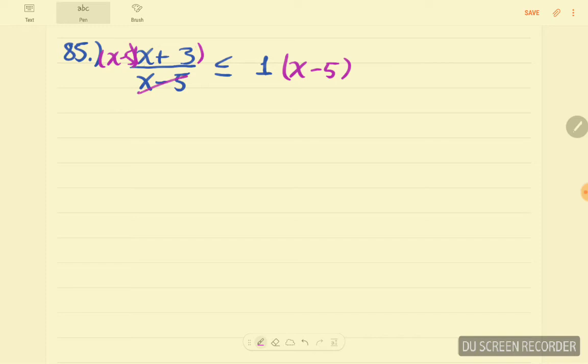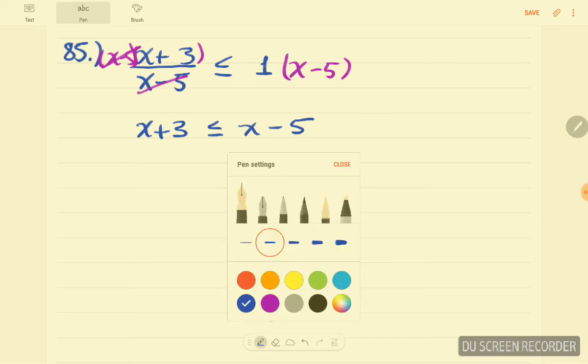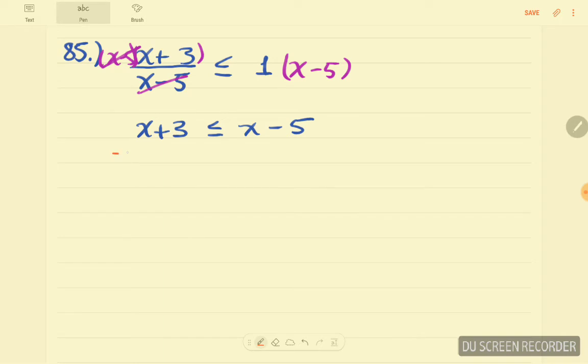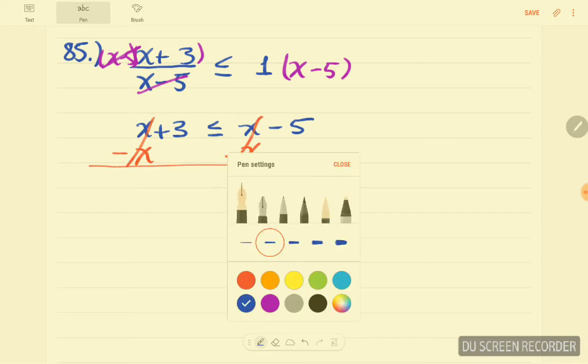And that would cancel out on one side, and then I would have a new line: x plus 3 is less than or equal to x minus 5. Now, if you went to set it equal to 0 at this point and started trying to move your x term over, you end up with both x's canceling out.